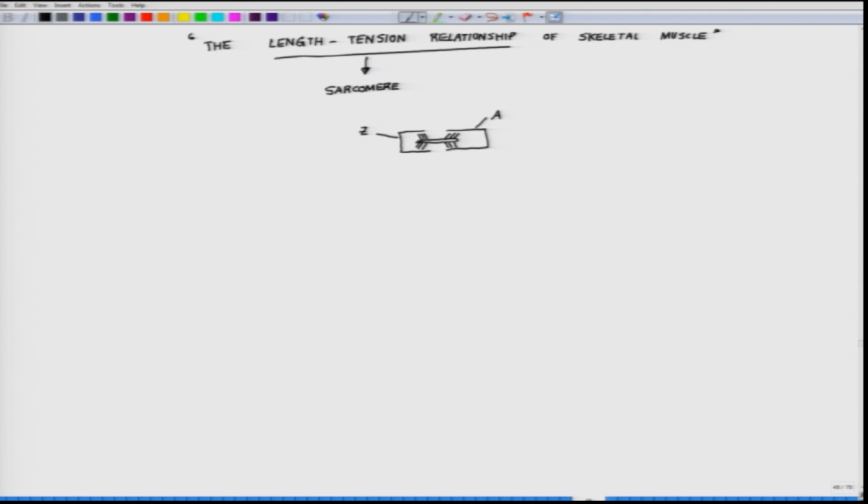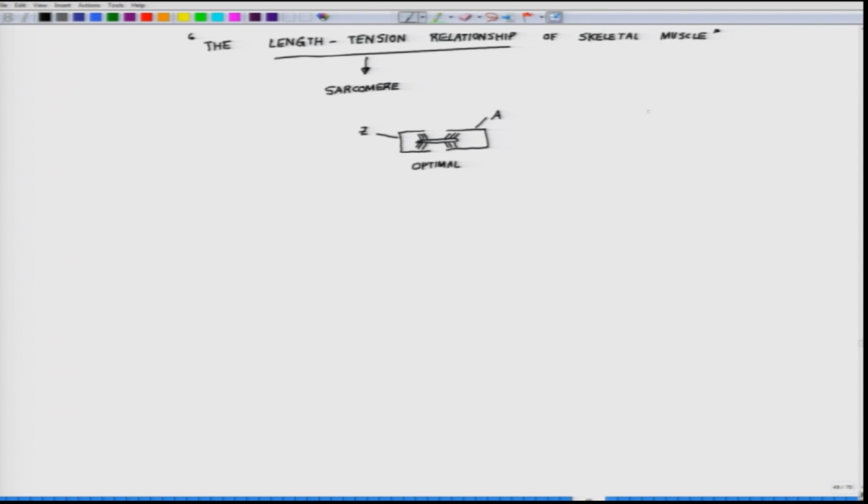Fine. This is one possible configuration, which I call the optimal position. The other configuration could be when it shortens.